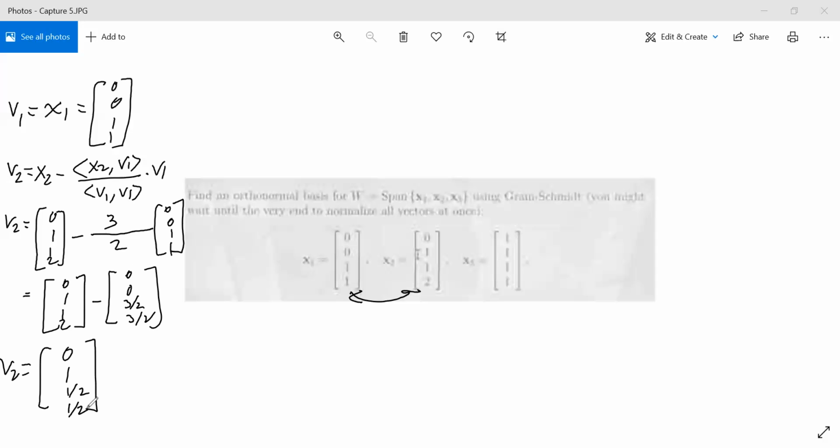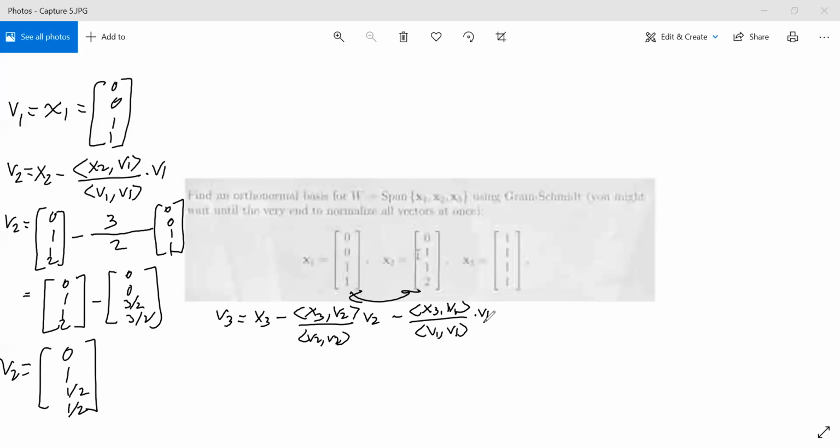We get this. Now let's do V3. So V3 is going to be X3 minus the inner product of X3 with V2 over V2 inner product V2, times V2, minus the inner product of X3 with V1 divided by V1 inner product V1, times V1.